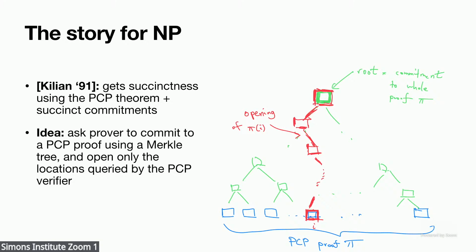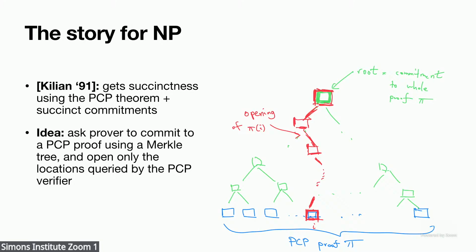Okay, so you get this commitment, and now the verifier says, you committed to this thing, I want to check that it's actually correct. So I'm going to ask you to open the commitment at a few locations. And the nice thing about this tree structure is that I can open one position in the string I'm committing to while only sending an amount of data that scales with the length of a path from the root to the leaf.